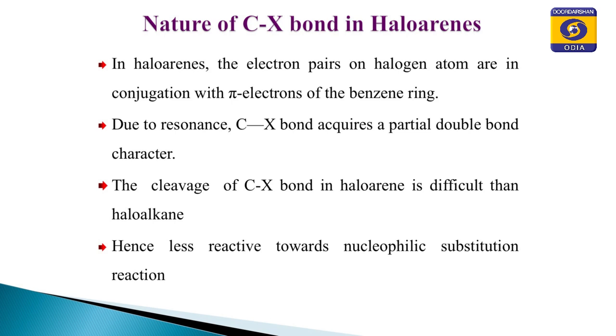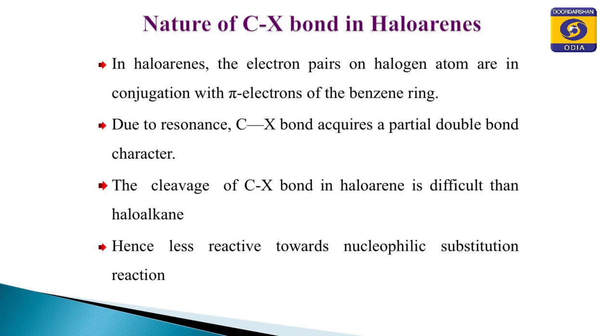You know that in benzene there are 3 pi bonds, and the halogen atom is associated with 3 lone pairs of electrons. So, these lone pairs of electrons are involved in conjugation with the pi electrons of the benzene ring.